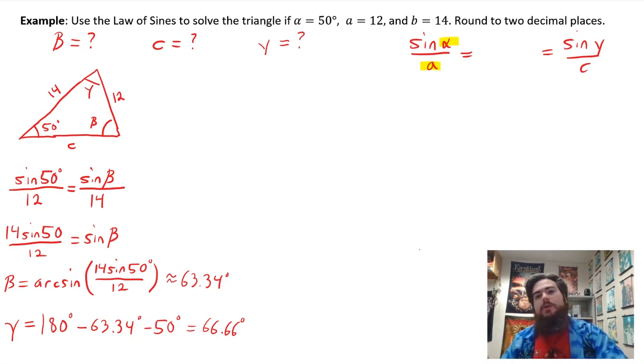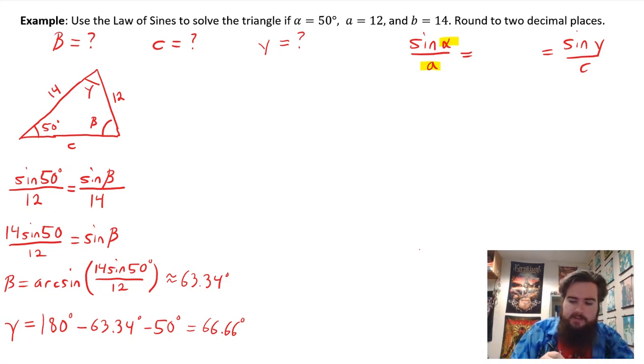If I set it up equal to sine of beta over B, then I'm setting it equal to a ratio where I only had one of those values provided, and the other came from a calculation. So I like to set it up equal to sine of alpha over A in this case, because I'm using values that I was provided to know to be true.